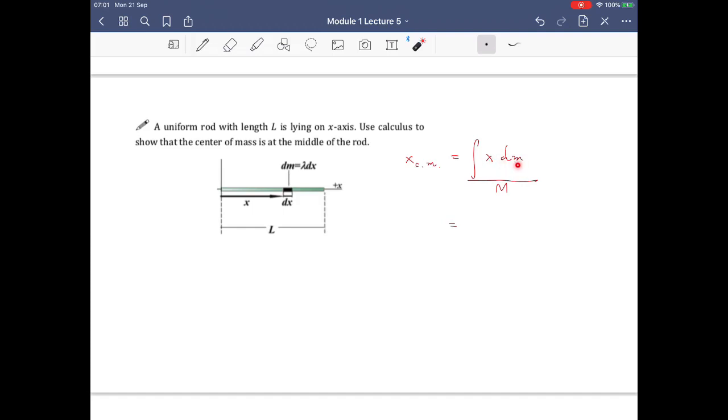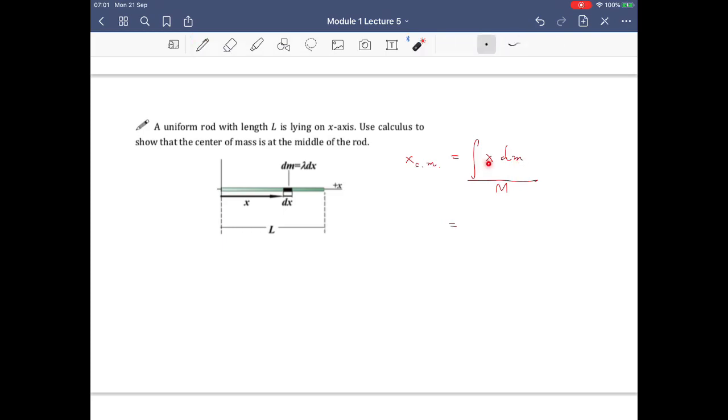In order to do this integral, you need to change the variable, either change x to m or change m to x, because if not, you cannot do the integral, right? Because m and x are two different variables here.